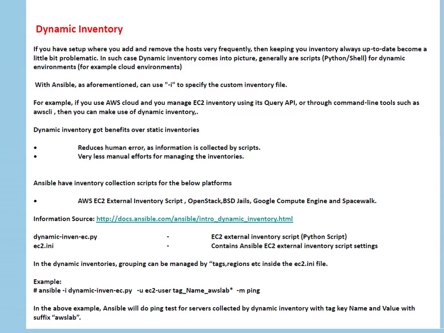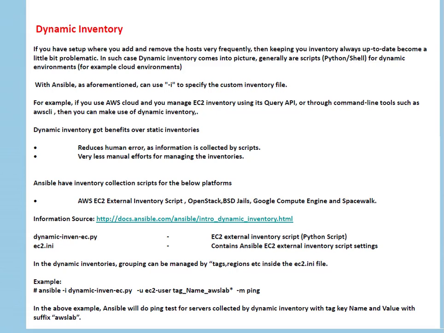Dynamic inventory has benefits over static inventory. First, it reduces human error, because information is collected by scripts, like you are not manually updating the data, right? So there are fewer chances of human error. And the second benefit, very little manual effort for managing the inventory, because you are not doing the things now.